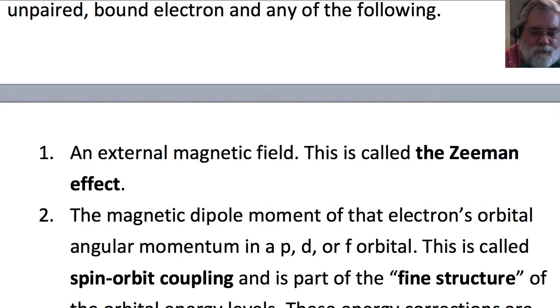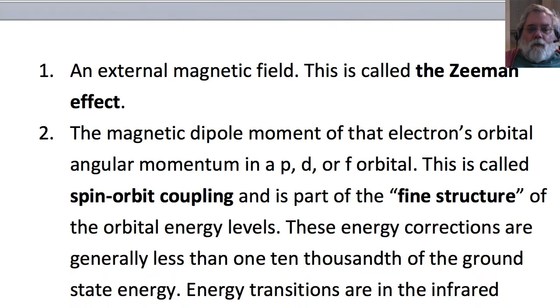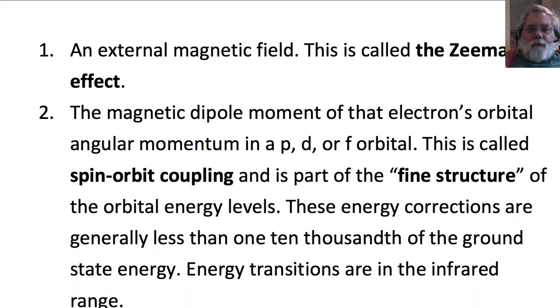This is called the Zeeman effect. We're not going to cover what that does to the energy levels, or the interaction between the electron and the magnetic dipole moment of that electron's orbital angular momentum in a p, d, or f orbital. This is called spin-orbit coupling, and it's part of the fine structure of the orbital energy levels.